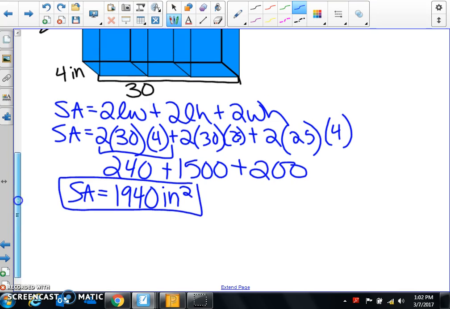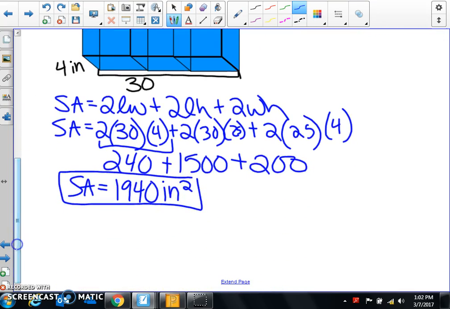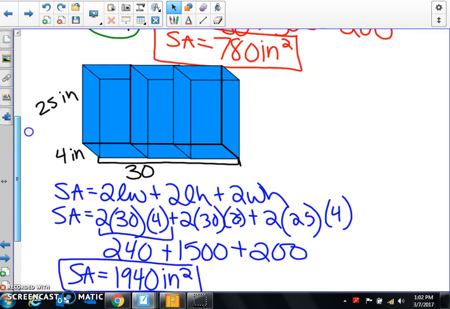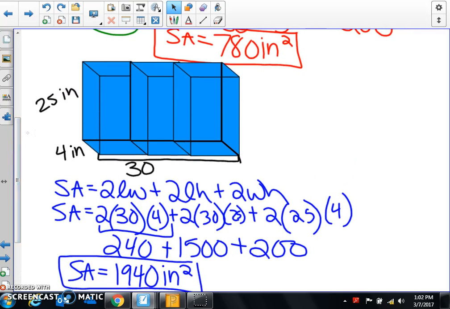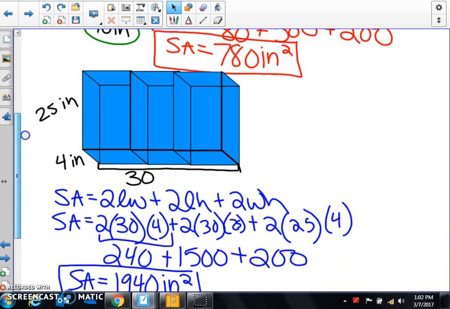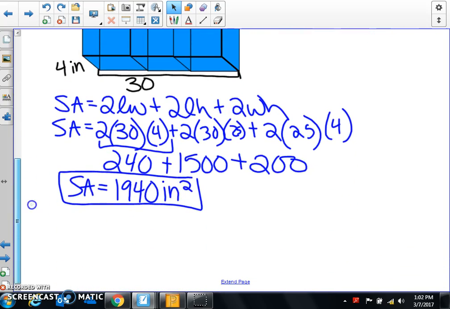So if I look at it, my original was 780, and my new one is 1,940 inches squared. That is not tripled, nothing. So all you would say is you actually have to calculate it.